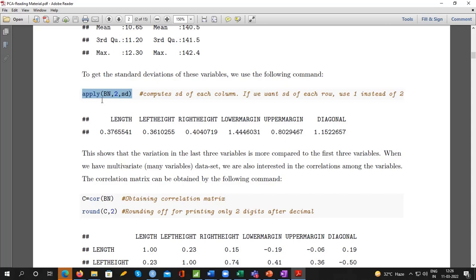Does everyone know how to use the apply command? Is everyone comfortable with that command? Yes or no? Is there anyone who has not used this command? Am I still connected?